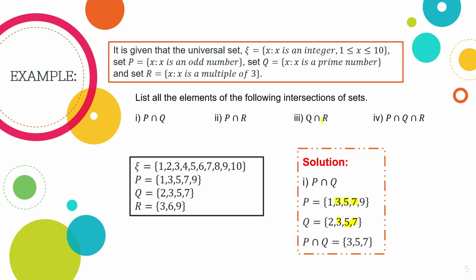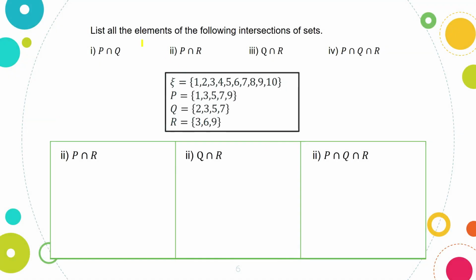Now for the next question, number 2, P intersect R. Okay, P intersect R. First we list down the elements of set P, and then we list down the elements of set R. Find the common elements from both of these sets.